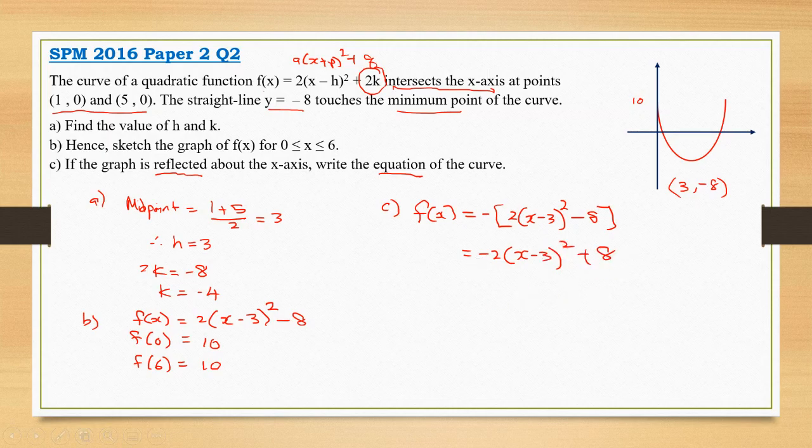This will be your answer. If they continue from here and ask you to find the maximum point, from minimum it becomes a maximum point. So your maximum point will be (3, 8), from (3, -8) becoming (3, 8). That will be your maximum point.